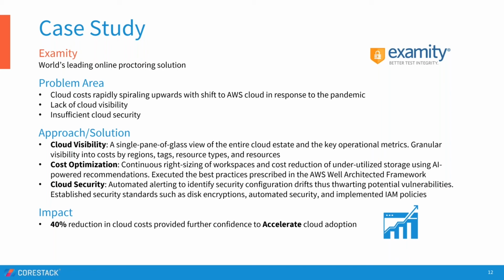They saw the costs were going up, and they were thinking, hey, should we be moving? Because of the way we help through CoreStack's autonomous governance, they were able to optimize where they were spending, and that 40% reduction of cost gave them the confidence to move more of their workloads from on-prem to cloud.